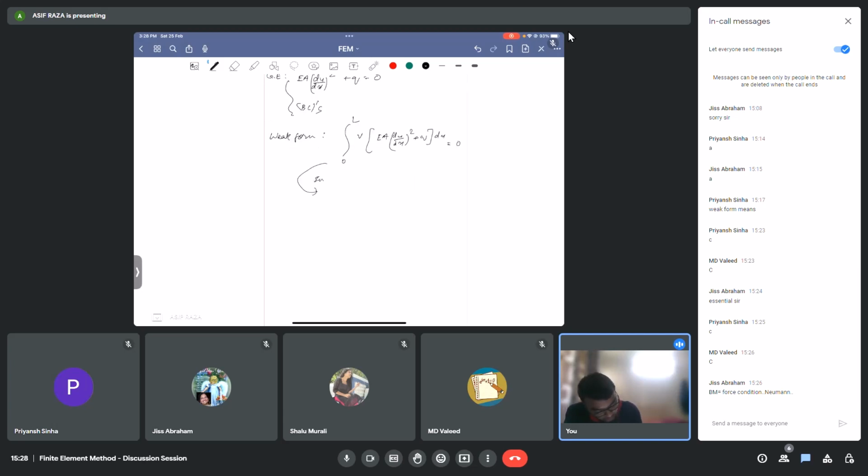Then we use integration by parts. So it will come out to be v EA du by dx, this will be my boundary term, minus the integral from 0 to L of dv by dx EA du by dx, plus vq dx, equal to 0.